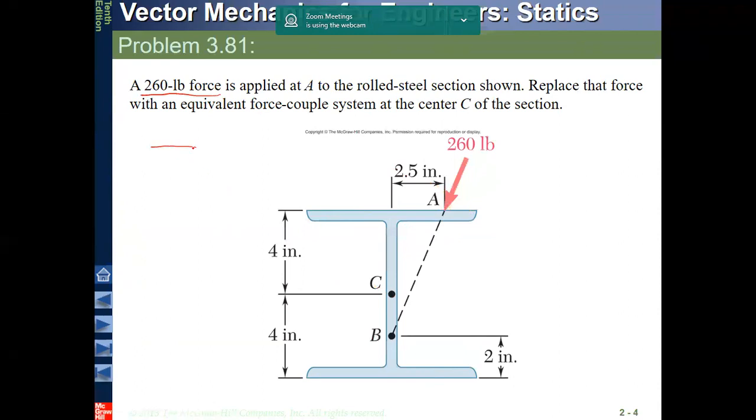So we have an I-shaped beam and we can make an equivalent system.